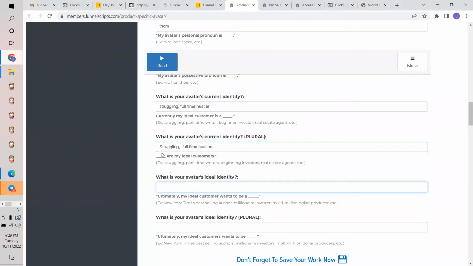What is my avatar's ideal identity? Ultimately, my ideal customer wants to be, and we think about this, my avatar's ideal identity.